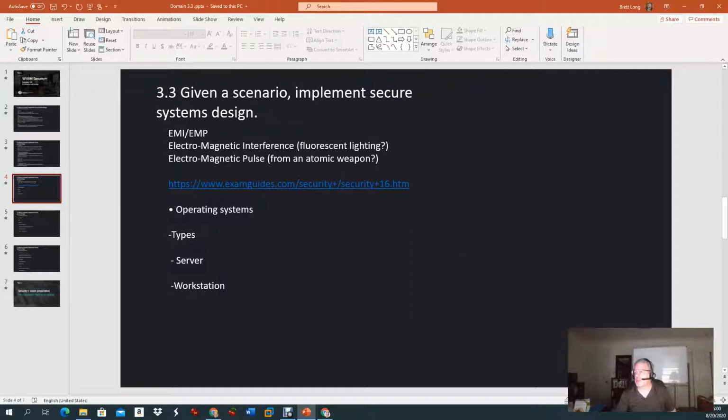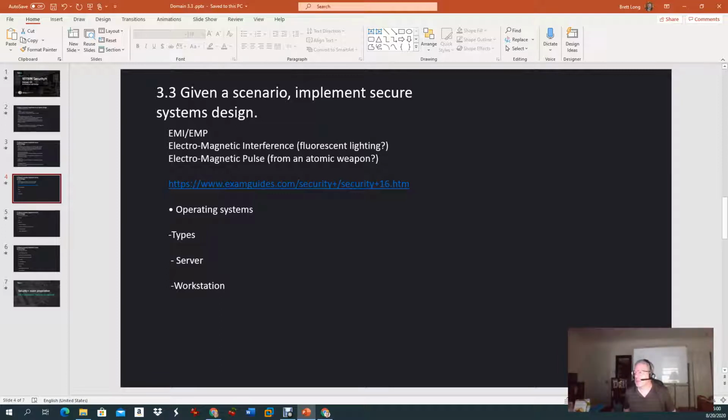All right, two clicks. EMI, EMP. EMI, electromagnetic interference. If you have anything to do with networking and you have to string some cable, we know not to run cable over fluorescent lights because they kick out what? EMI, right? They kick out radiation which can induce a current in copper wire.